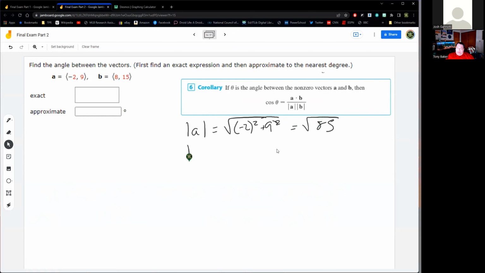Length of B, we have 8 squared plus 15 squared. So we got 64 plus 225, which is the square root of 289, which, if I remember right, is 17.